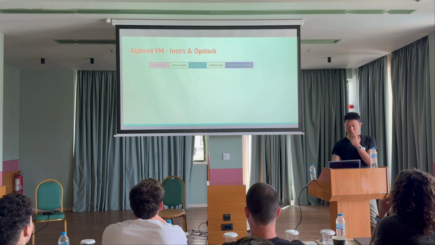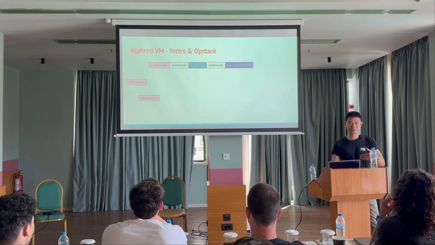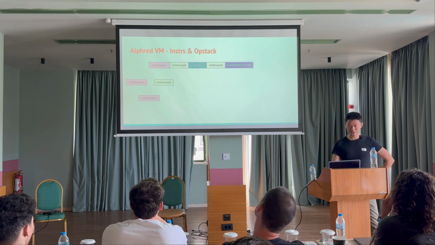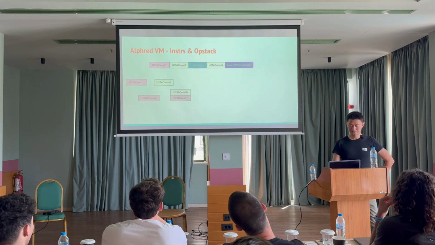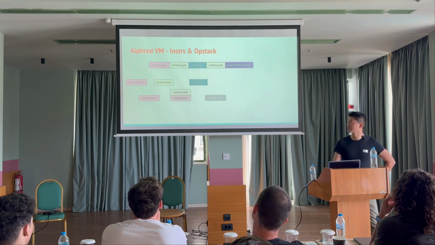When we execute it, it looks something like this. First we run U256 const 1, and this basically does nothing but push this thing into the op stack. And then the next thing is another const. We push it again into the op stack. And the third one is Boolean equal. Obviously these two things on the stack are not the same, right? So this is going to return a const false.